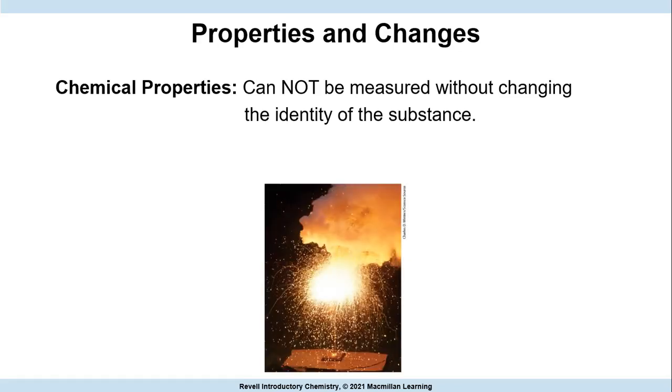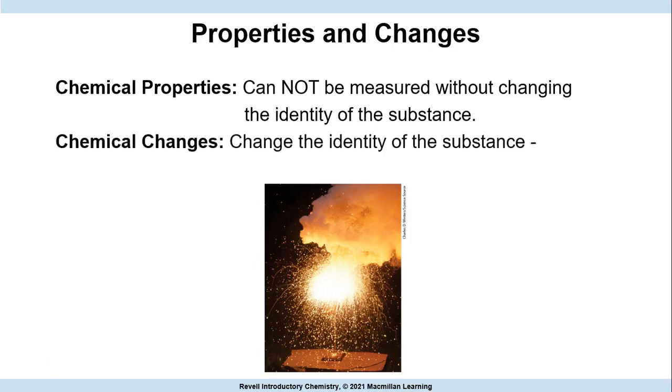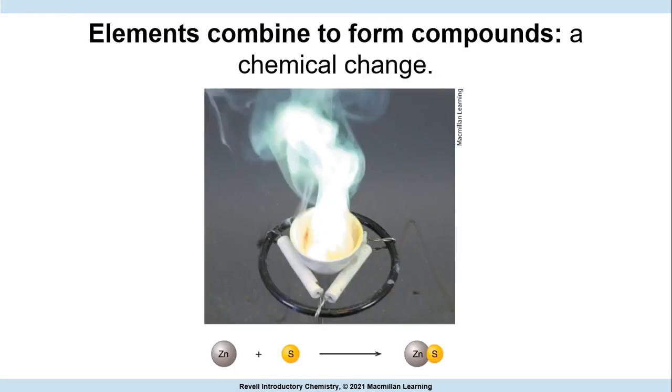For example, here in this picture, you see the glow is because a new substance has been formed that gives off that color. So in a chemical change, the identity of the substance changes and new substances are formed. A chemical change is also called a chemical reaction.